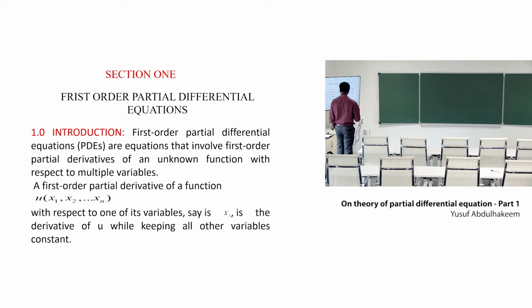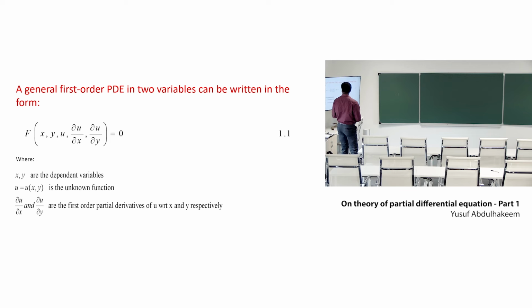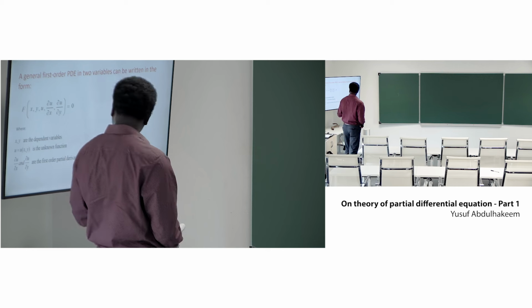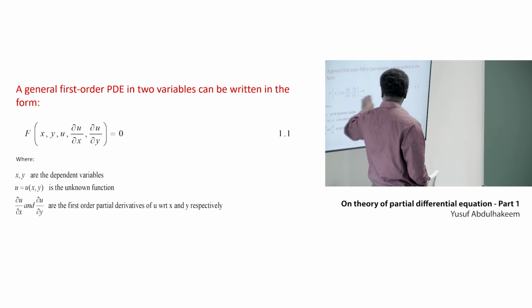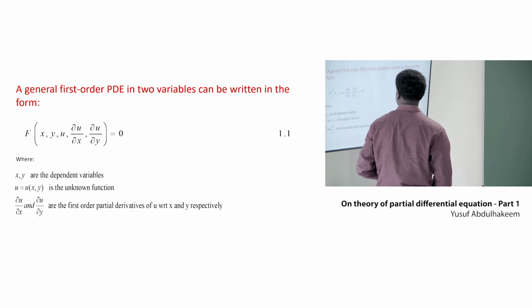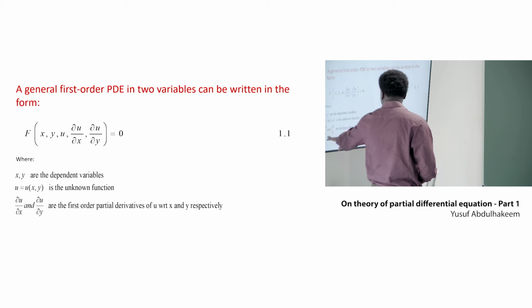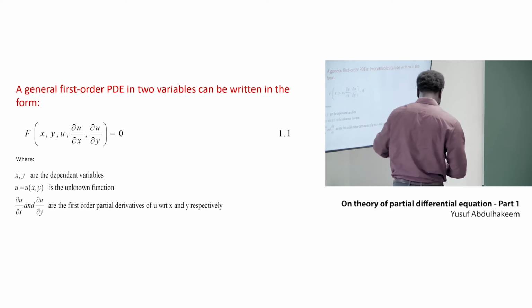If we look at equation 1.1 very well, we will see that we have 2 independent variables, x and y, and u(x, y) is the unknown function, and we have the derivatives of this unknown function with respect to each of these independent variables. So u_x and u_y are the first order partial derivatives with respect to x and y respectively.